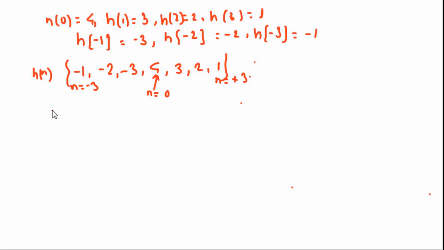Now you are given g of n, which is of length 3, and this is an approximation of h of n.